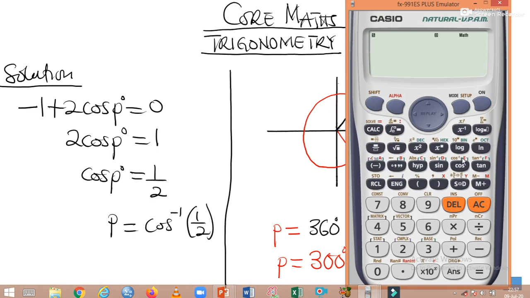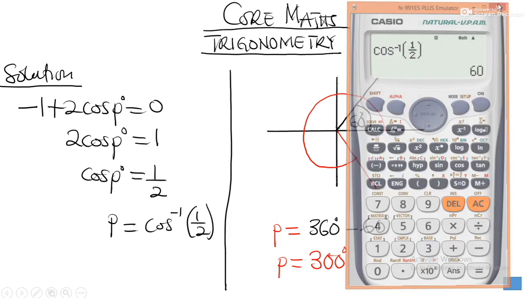Shift, cos inverse of 1 on 2. Good. The calculator gave us 60 degrees.